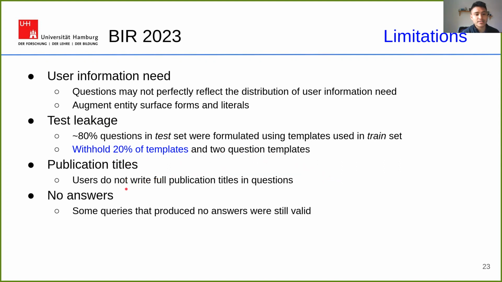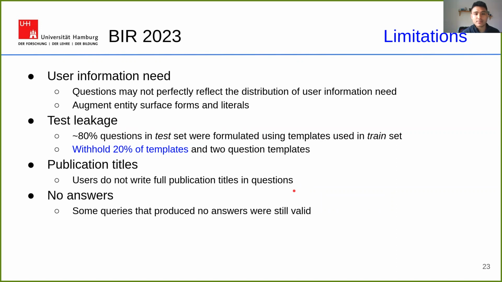Next, for publication titles, users usually do not write the full publication titles. However, this is what we have done in our KGQA dataset. This could be an interesting entity linking problem or challenge that could be tackled in future variations.